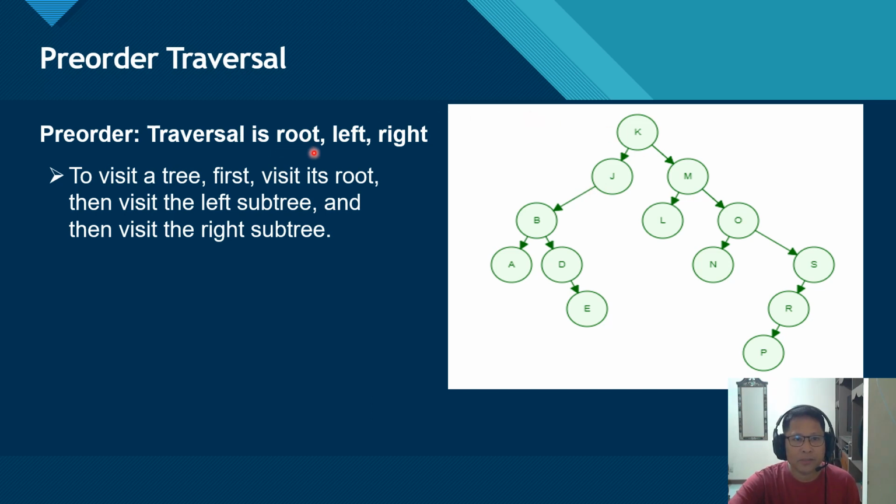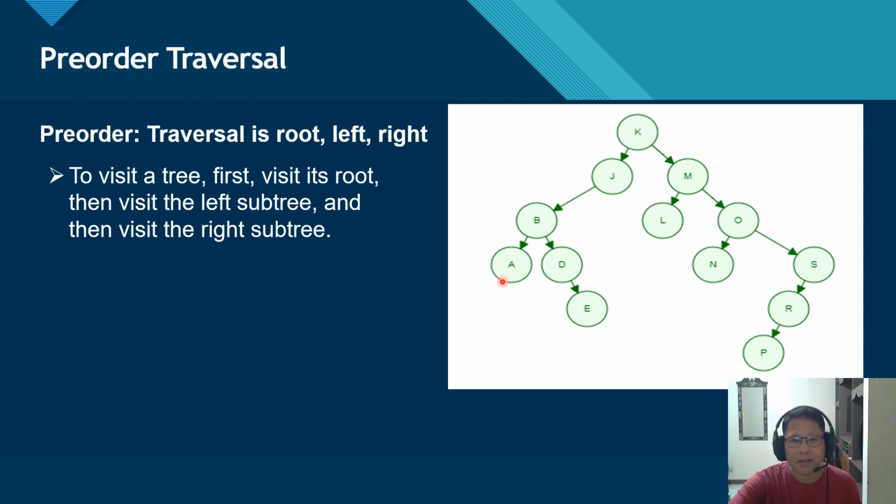Remember, root first, then left, then right. So we should start here, K. So K, next is down to J, then down to B, next is down to A. So after left, we're going to right.